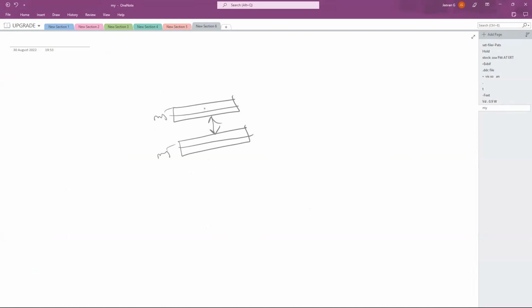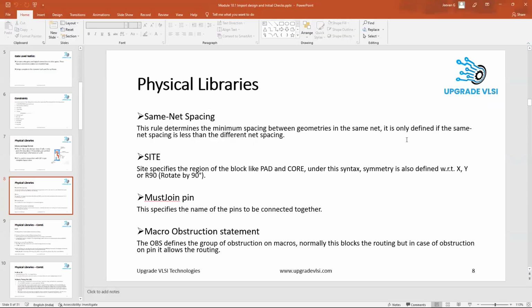Metal layer means a physical thing, whereas logical means we are talking about timing. Physical means metal layers, their characteristics, a particular technology, height or width. Same net spacing: this rule determines the minimum spacing between geometries in the same net. It is only defined if the same net spacing is less than the different net spacing.